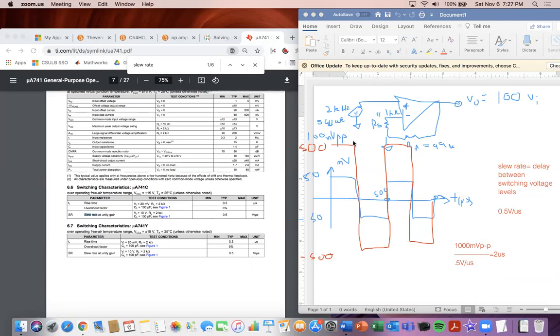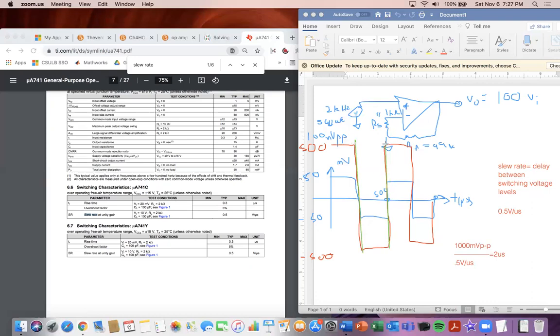So there's going to be a 2 microsecond delay here. I'm going to show it right here. Oh, diagram, different color. There's going to be a little delay right here, and when it reaches the end here by 2 microseconds, it's going to take that long for it to fully switch over. So if I were to draw a line between the 2 points right here, this is going to take 2 microseconds to change from positive 500 to negative 500.